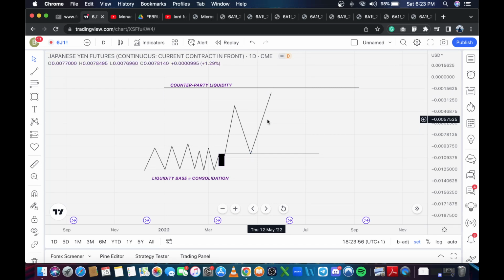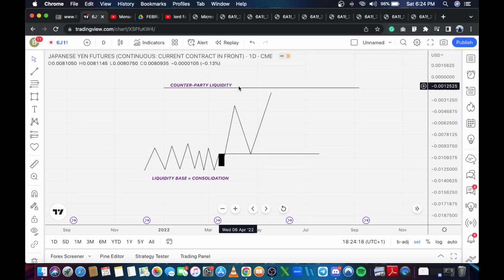Why? Because if the market gets up to that buy side liquidity, then institutions can pair their accumulated orders against willing buyers. So the question is, who's willing to buy their orders from them? That's why the algo drives the market up to a level of counterparty liquidity.